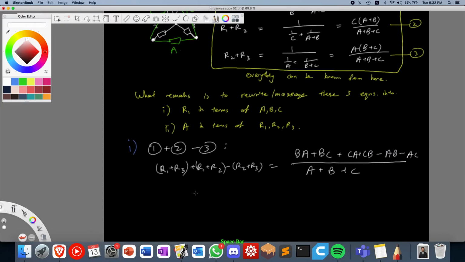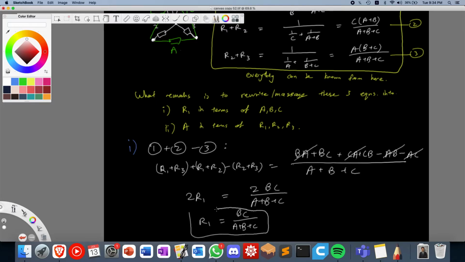Then on the left hand side we get 2R1, and on the right hand side a few things cancel. BC does not cancel, CA and AC cancel, so we just get 2BC over A plus B plus C. So we have R1 equals BC over A plus B plus C, and we have the answer over here.